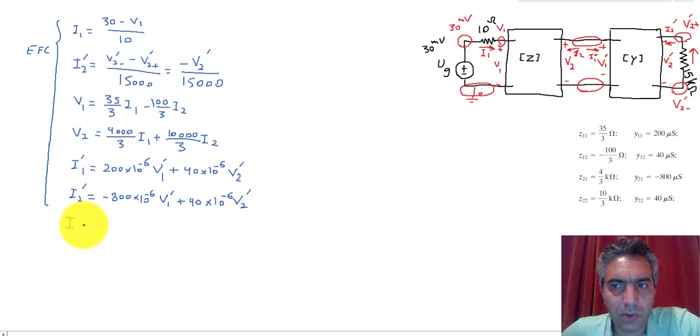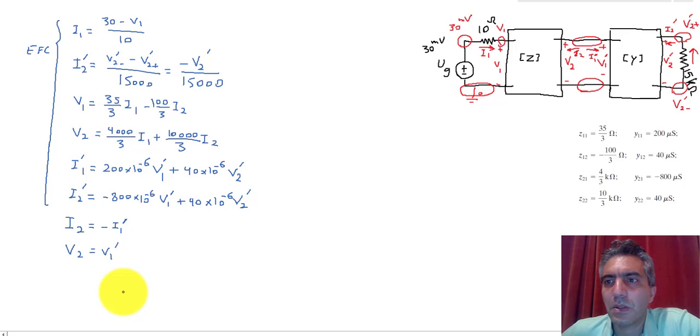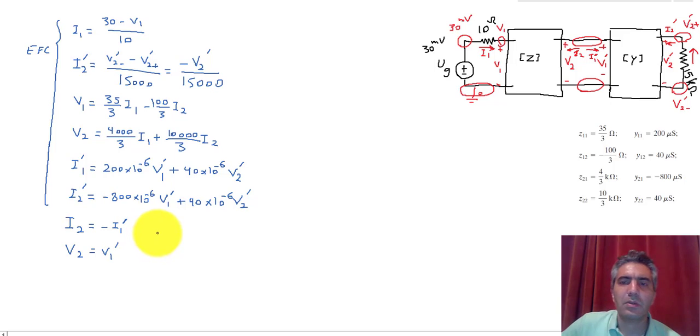These are not equations for components. So that would be I2 is equal to minus I1 prime. And then the same with the voltages. V2 and V1 prime are the same. So V2 is equal to V1 prime. And once we finish with this, we can actually start calculating all the unknowns in the circuit.